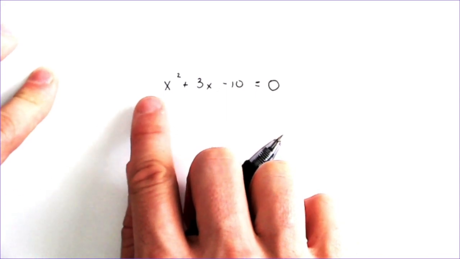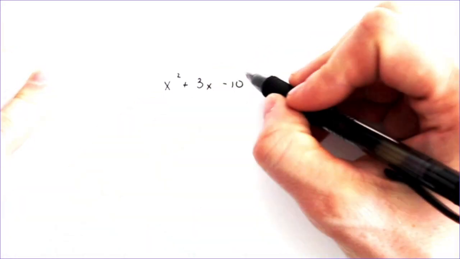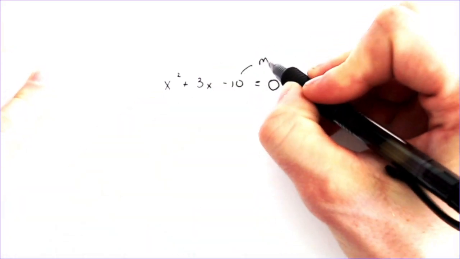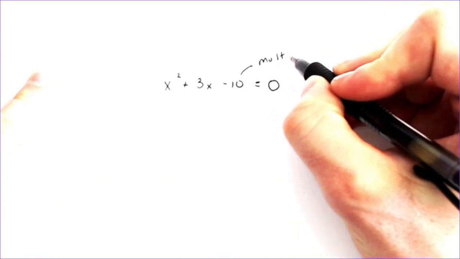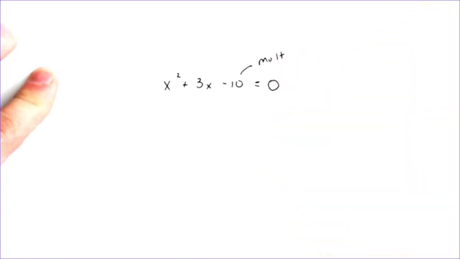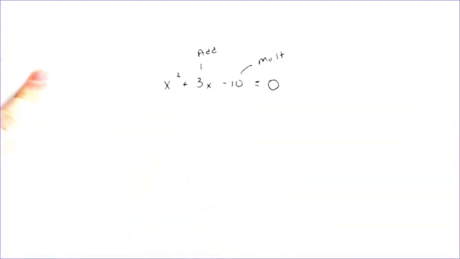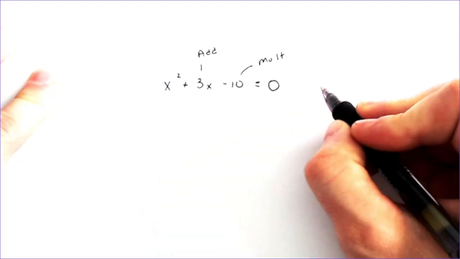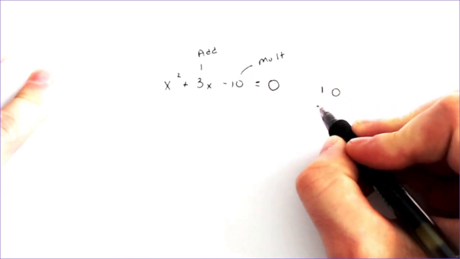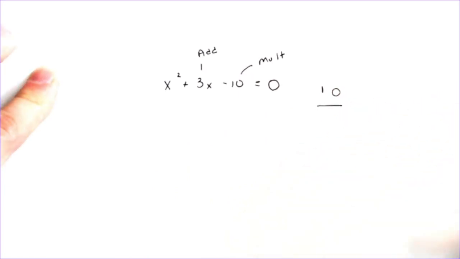If you have no number here, then you just need to think of two numbers that multiply to equal negative 10 and add to equal 3. Some people write 10 off to the side and list out the multiples of 10.